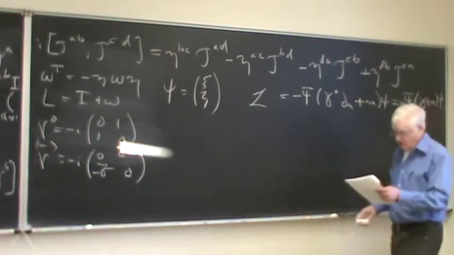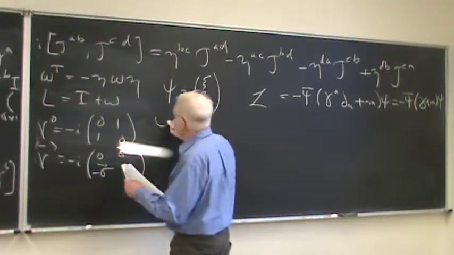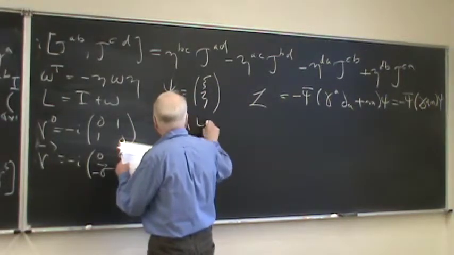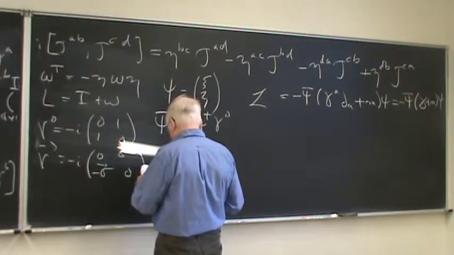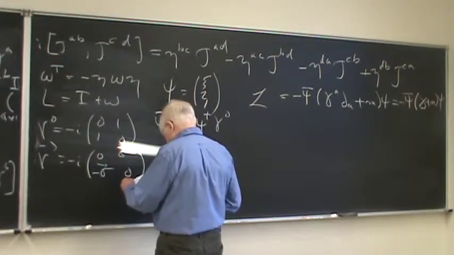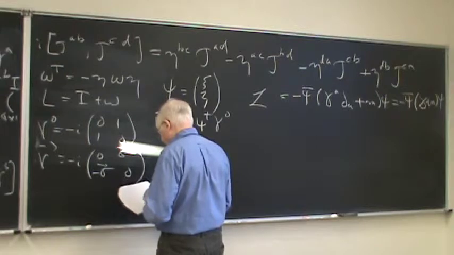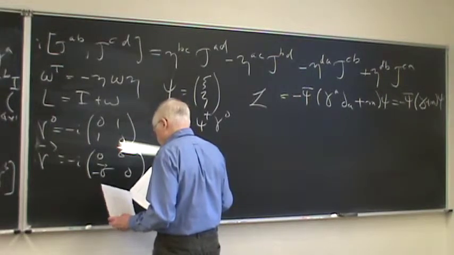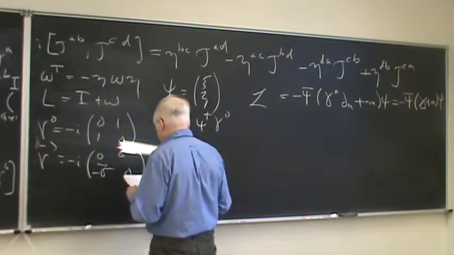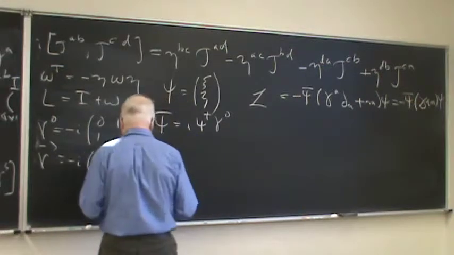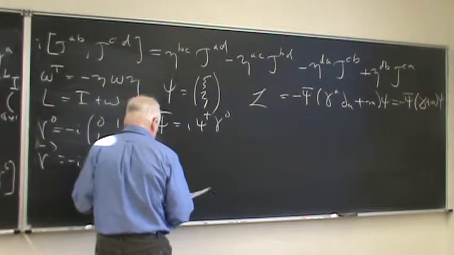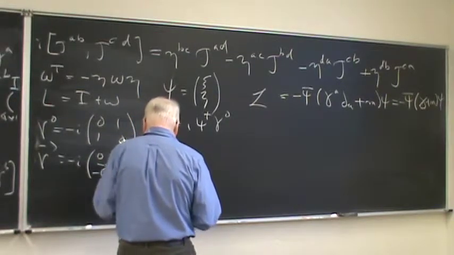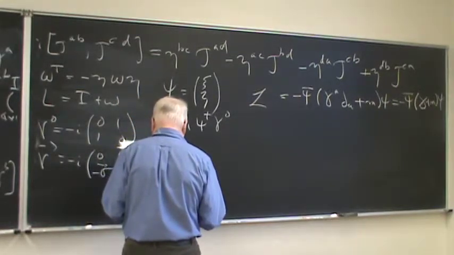Well, what is psi bar? Psi bar is i psi dagger gamma 0. And the Dirac mass term, well, let me toss in the Dirac mass term.